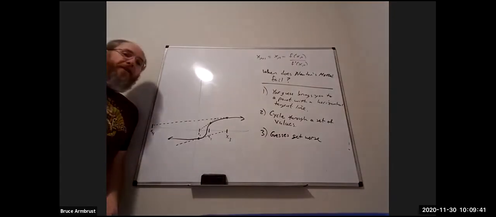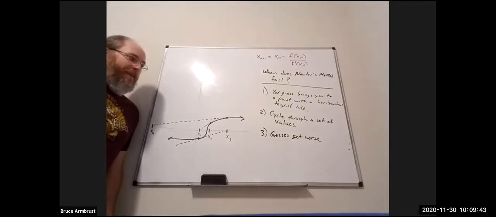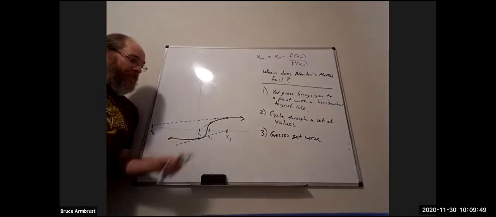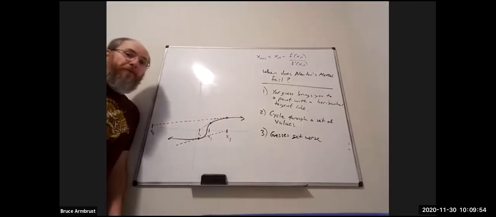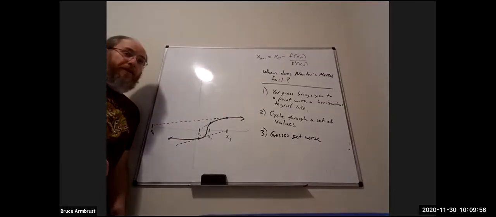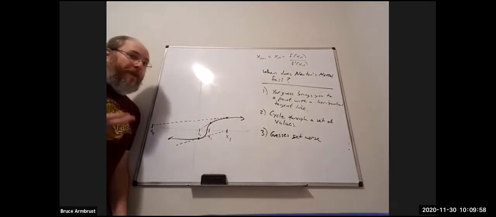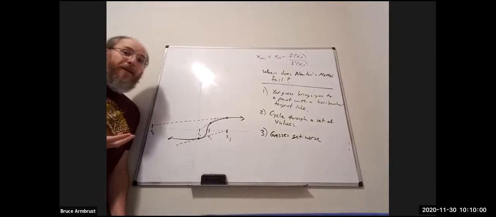Okay, now this is another situation where it doesn't really matter what your initial guess is, right? If I change that x1, I'm still going to diverge away from the actual value. It just might happen faster or sooner, right?